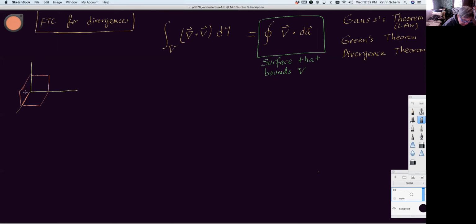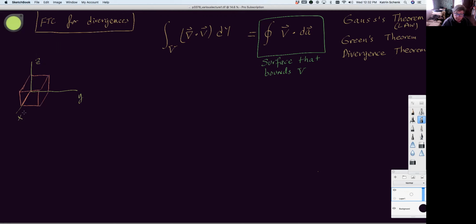Yeah, this is the worst cube known to mankind. Sorry about that. It looks almost like a rectangle, it really shouldn't. All right, and this is the z-axis, the y-axis and the x-axis.